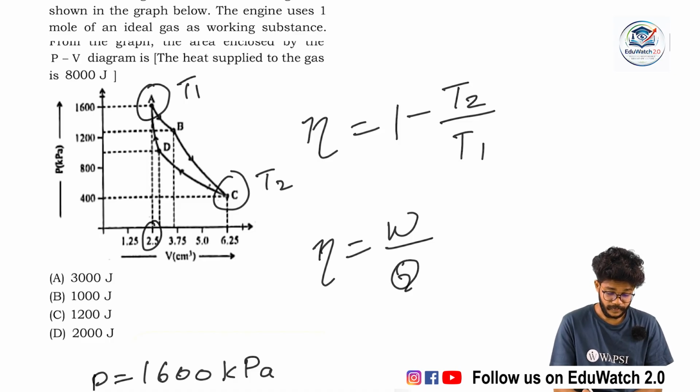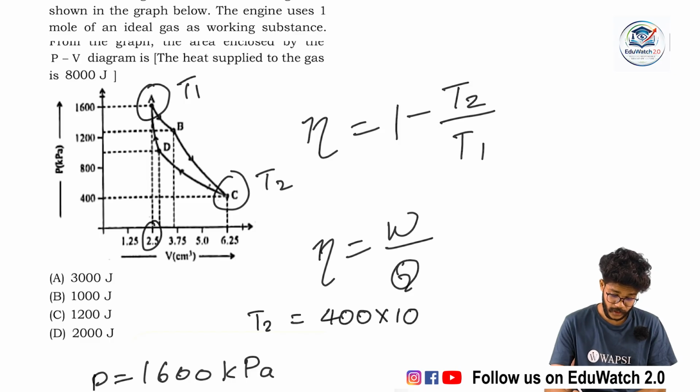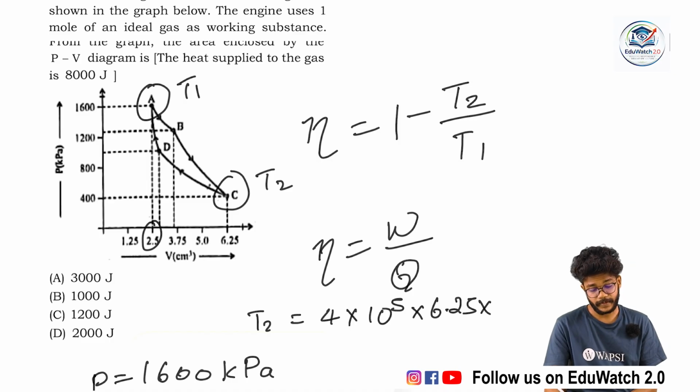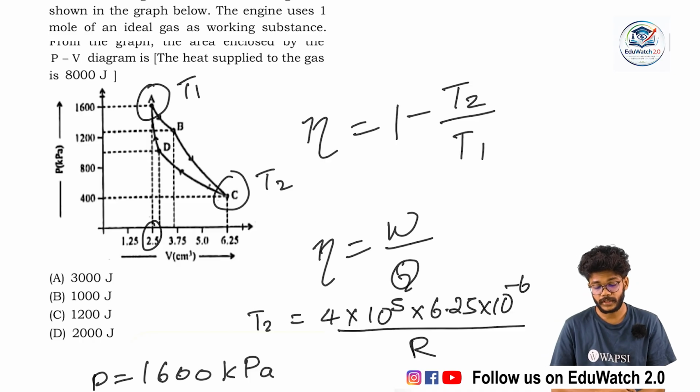So T2 is equal to 400 into 10 raised to 4, into 10 raised to 5... multiplied by the volume, 6.25 into 10 raised to minus 6, divided by R. 4 into 6.25: 4 into 6 is 24 and 4 into 0.25 is 1.